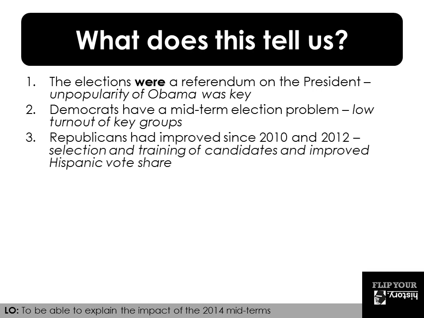Thirdly, the Republicans have improved since 2010 and 2012. The selection and training of their candidates has improved with less mistakes and less gaffes, and they've improved their share of the Hispanic vote, a key area to be working on with the changing demographics in America.